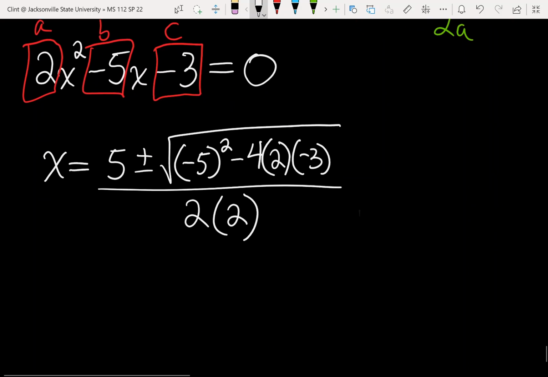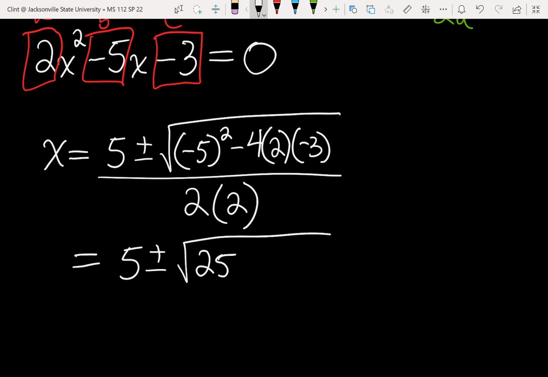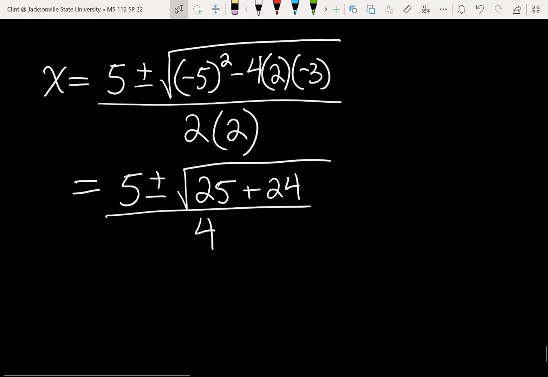So 5 plus or minus the square root of 25 plus 24, over 4. That's the square root of 49, which is 7.